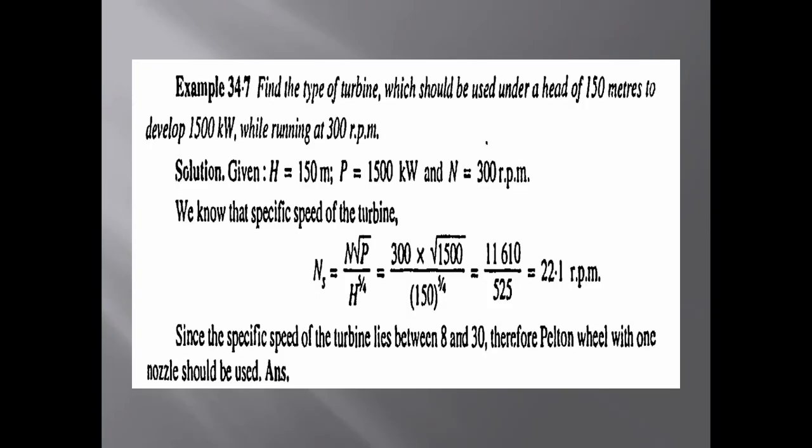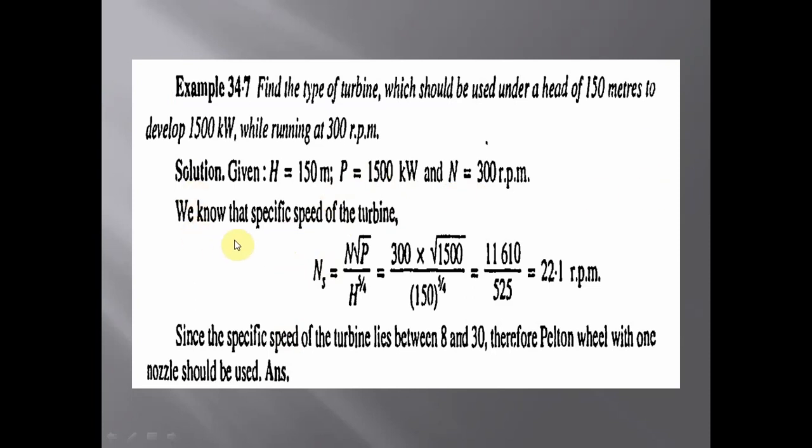So next problem: find the type of turbine which should be used under a head of 150 meters to develop 1500 kilowatt while running at 300 rpm. So they have asked you to find which type of turbine is to be used. Given H = 150 meters, P = 1500 kilowatt, and N = 300 rpm.